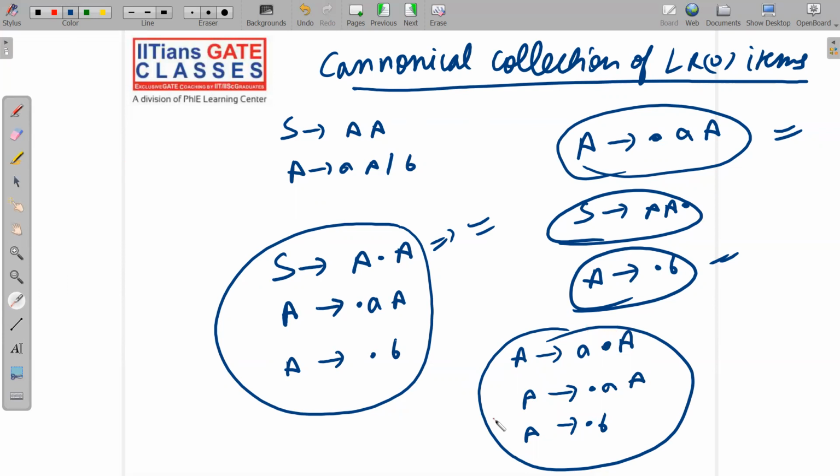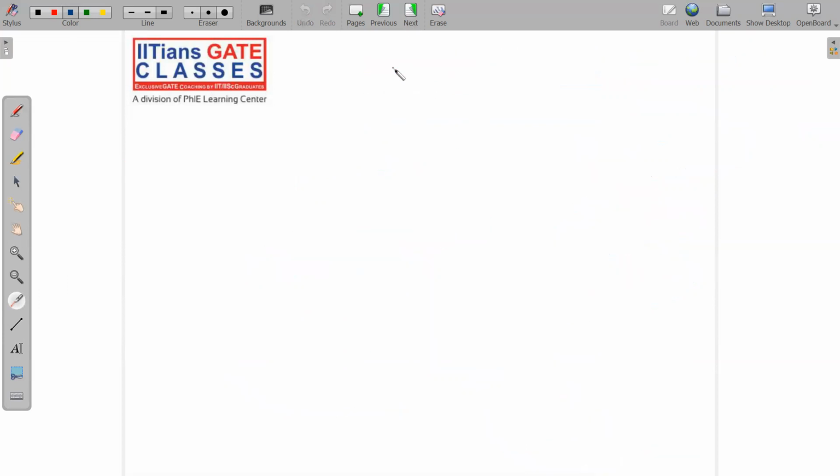Yes, please note it down carefully, and I will jump to the next slide now. So now we will try to construct an LR0 parser for the grammar.